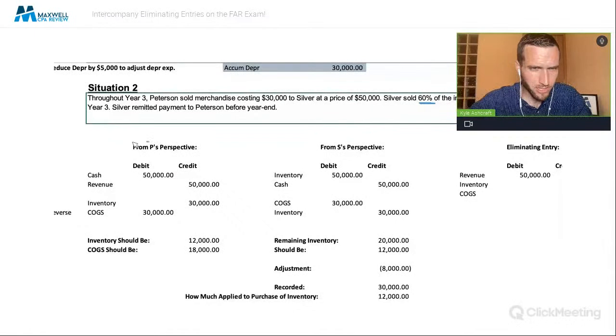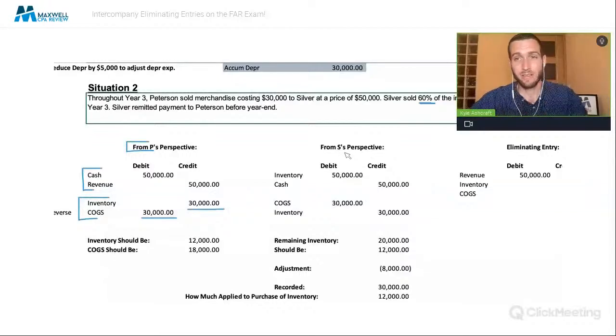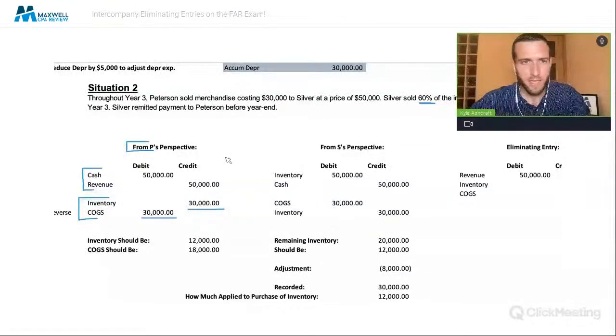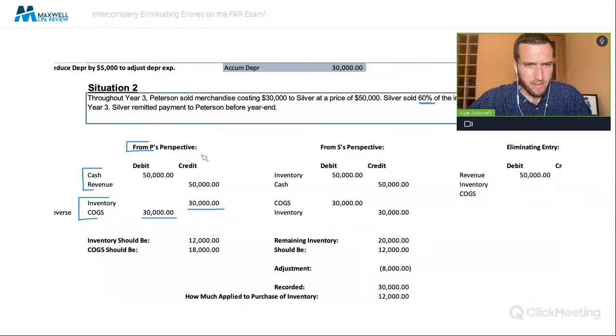So we write out Peterson's entry. They sold merchandise, so they're having to get it off of their books by debiting the cost of goods sold for $30,000 and crediting the inventory for $30,000. They also would have revenue from the sale of $50,000, which we know we're going to have to reverse out, the entire amount, right? And then we go over to Silver.